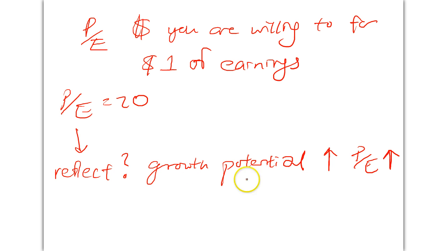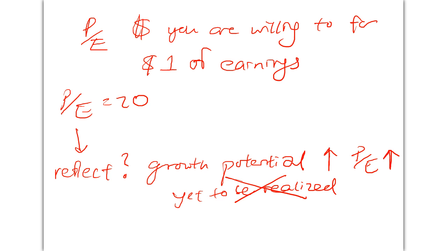Given this, would it just be wise to invest in companies with high PEs? The thing is, high growth potential has yet to be realized. So in the event that in the future this does not happen, there will be a huge drop in the stock price.